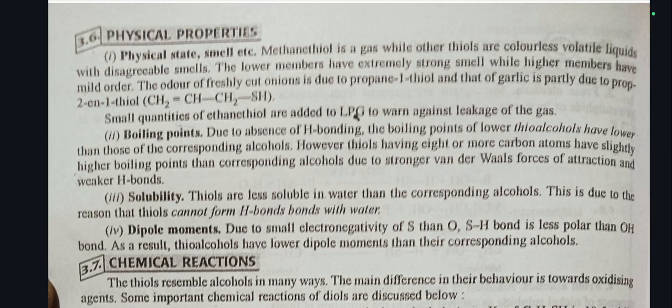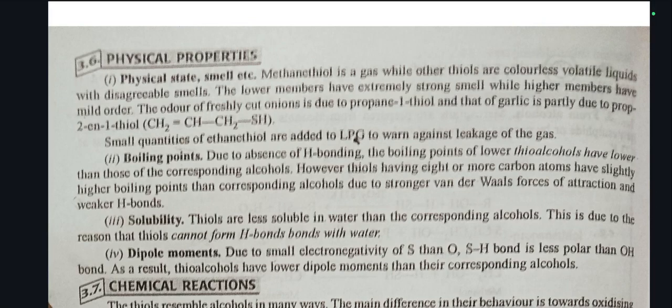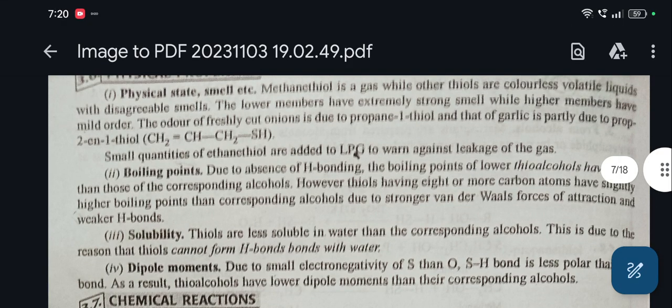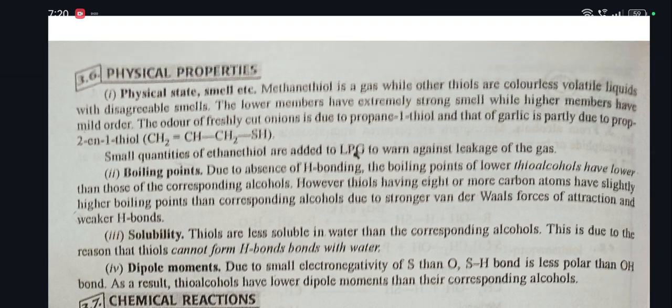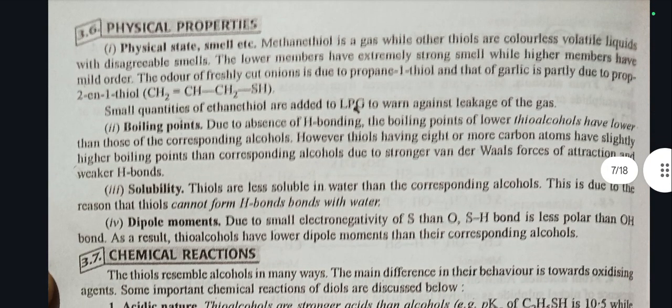Now it's time to read the physical properties. Physical state and smell: methane thiol is a gas, while other thiols are colorless, volatile liquids with disagreeable smells. The lower members have extremely strong smell, while higher members have mild odor.